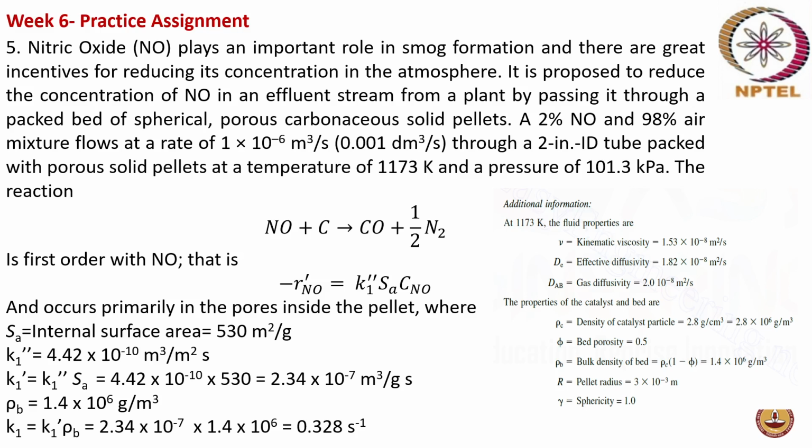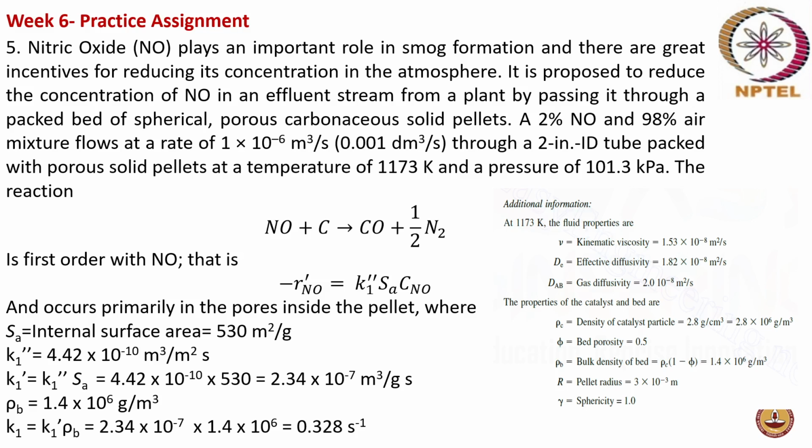Also, we know the bulk density of the catalyst bed, which is nothing but 1.4 into 10 power 6 gram per meter cube. So, we can also convert the specific reaction rate considering the reactor volume.